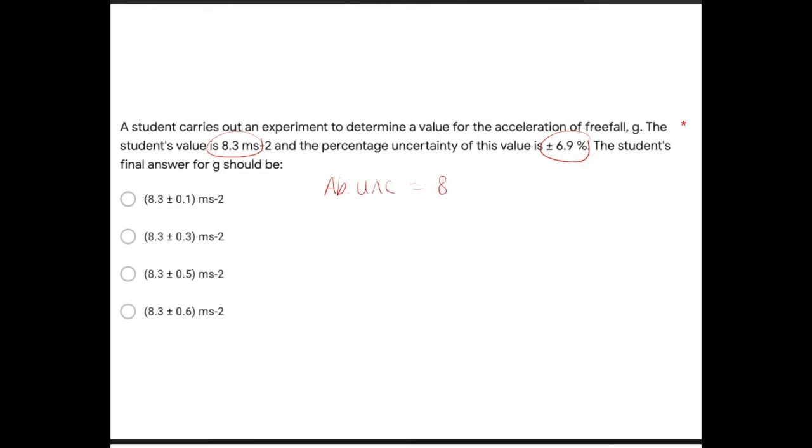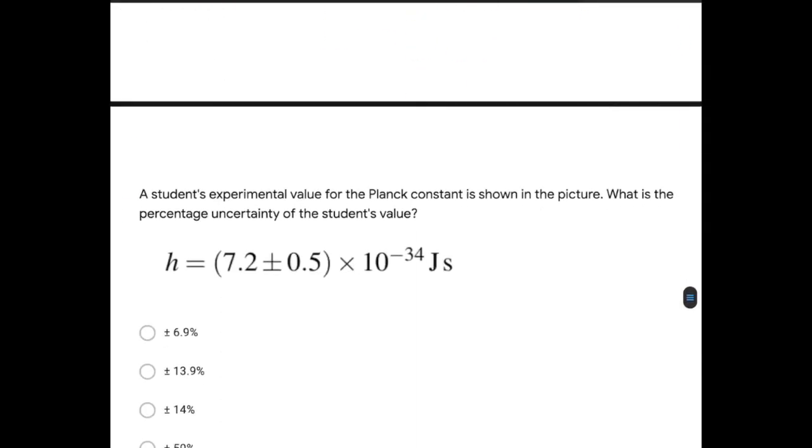So we say that's 8.3 multiplied by 0.069, and that gives us a value of 0.5727 meters per second squared. If we look at the options, in order to make sure we are working to the same number of decimal places, this absolute uncertainty becomes 0.6. So our answer is D.